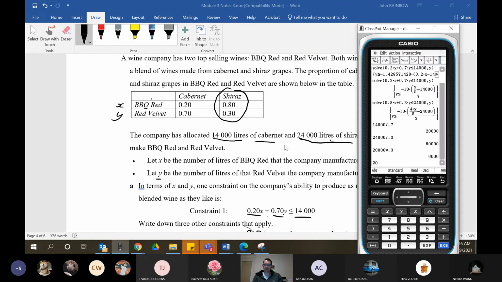And you would make 20,000 times 0.7, and you use all of the Cabernet. So you're throwing out basically a lot of your Shiraz. You've got 6, 12, 18, 24, so you're throwing out 18,000 litres of your Shiraz unused.